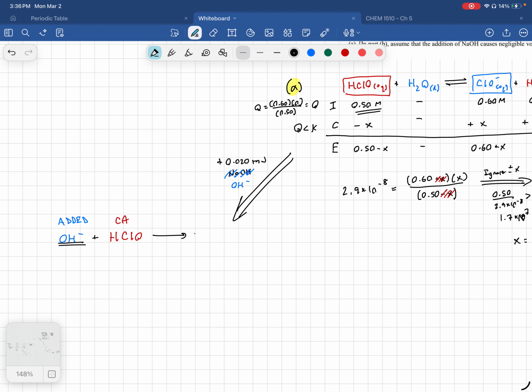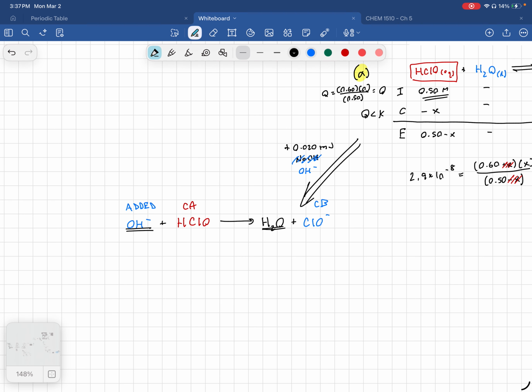And so the OH minus gets converted to just H2O, and the HClO becomes ClO minus. So we neutralize our OH minus, forming H2O, and our HClO gets converted to the conjugate base form.